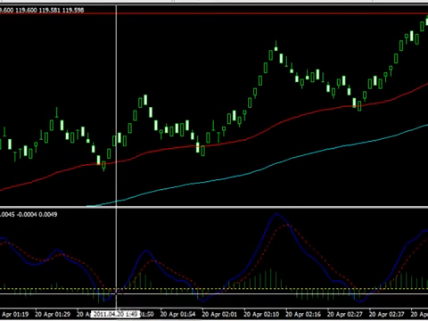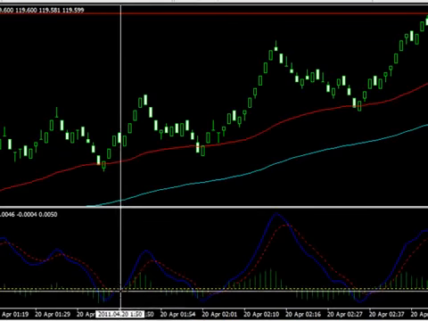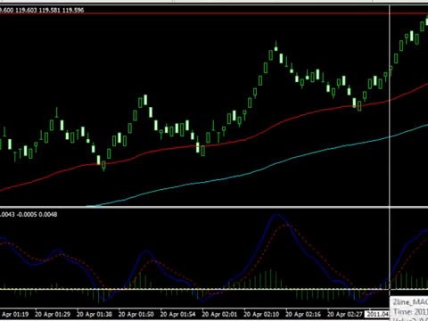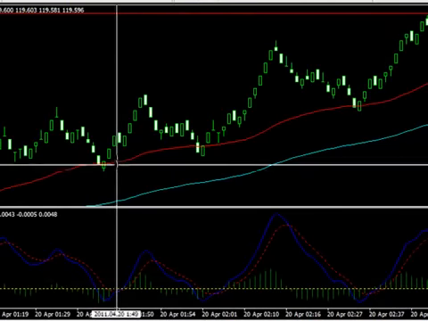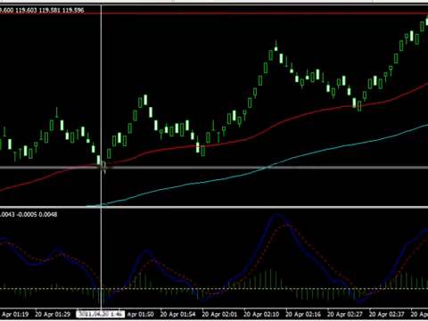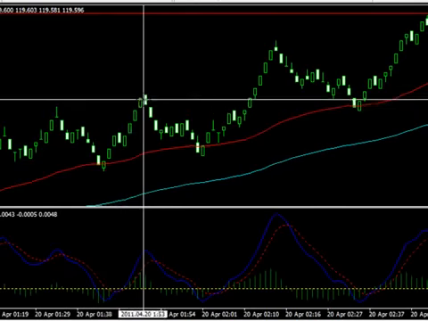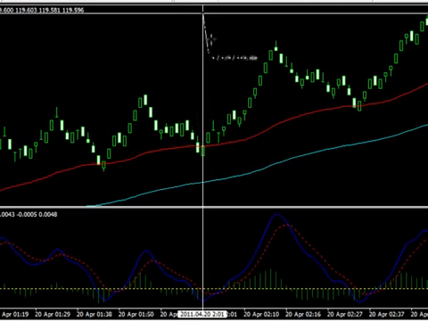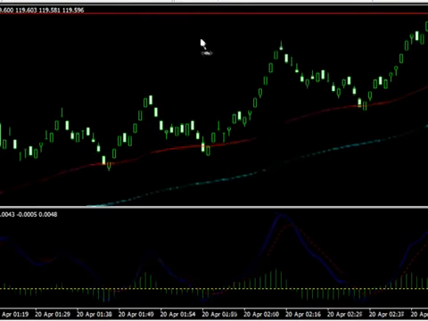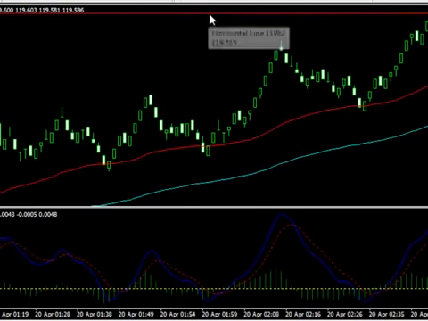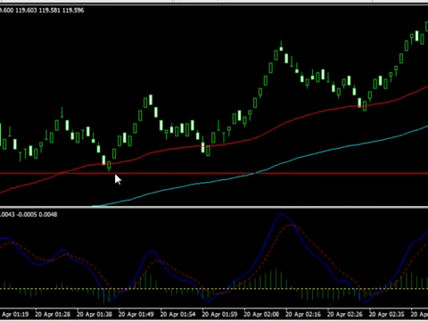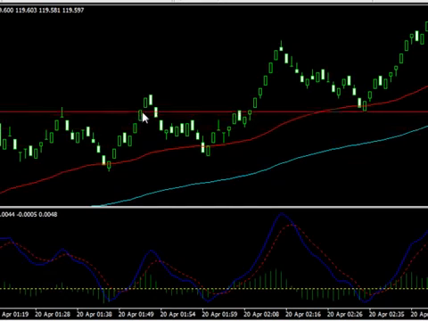Okay, so we've got this cross below the yellow zero line here. I've marked that off. And we've got a bounce off the 50, and up we go. Okay, and we put our stop just below this swing low here. And as far as targets, that'll vary.